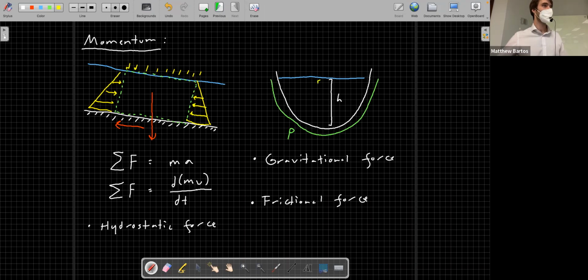So we're also going to need the depth of the centroid of this cross section. Okay, so let's go ahead and write down the expressions for each of these forces.